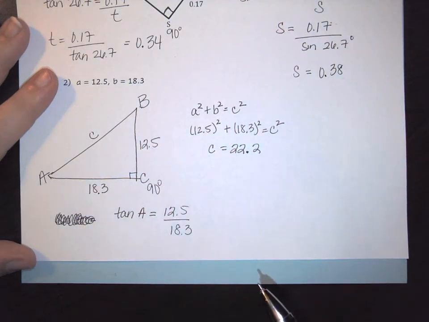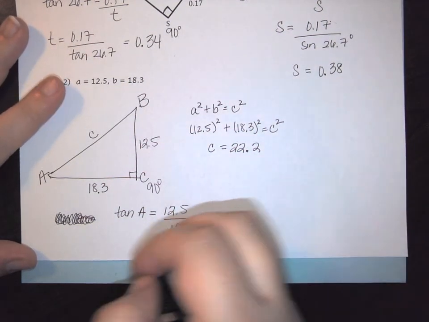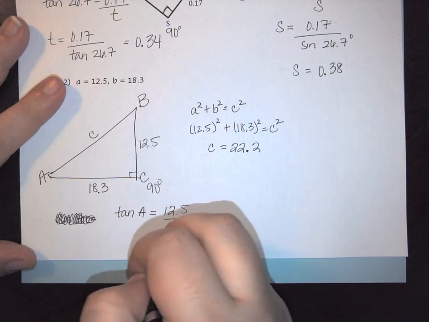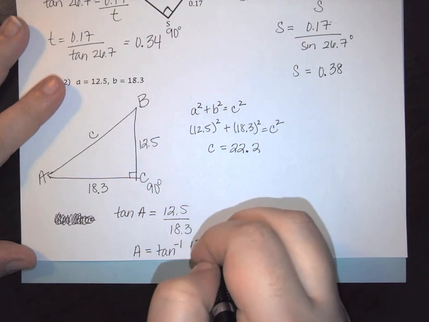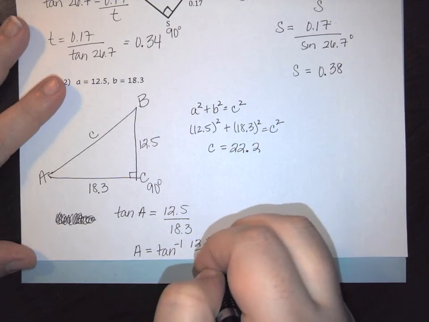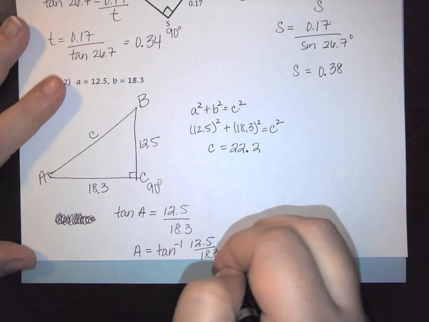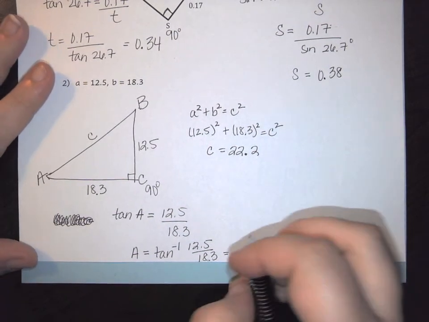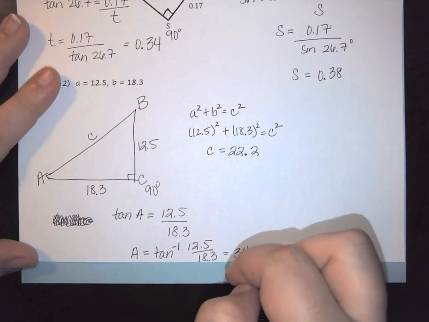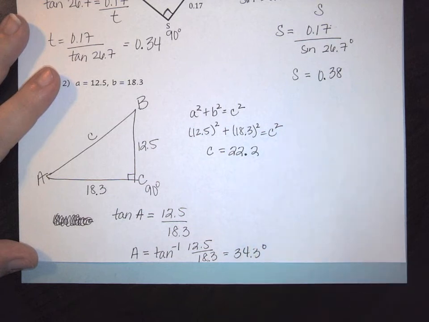So in order to find A would be the inverse tangent of 12.5 over 18.3, and that is going to give you A. So in this case, we should end up with 34.3 degrees.